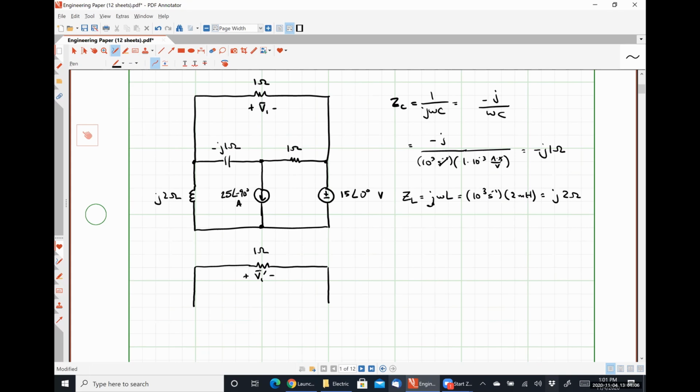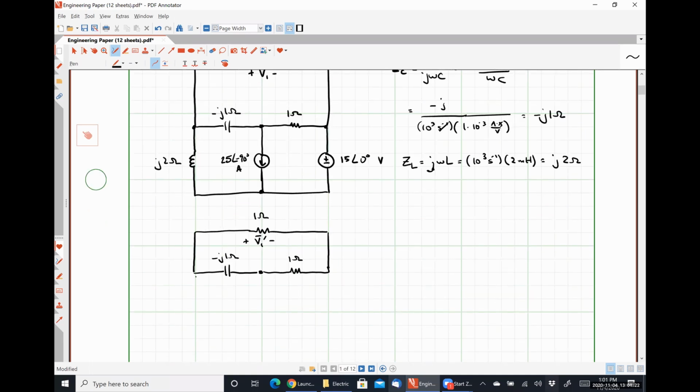Again, I haven't worked this problem out ahead of time, so I may regret saying we're going to try to work it without using nodal or mesh analysis, but I just want to see what we can do. So all of my impedances are going to stay the same.